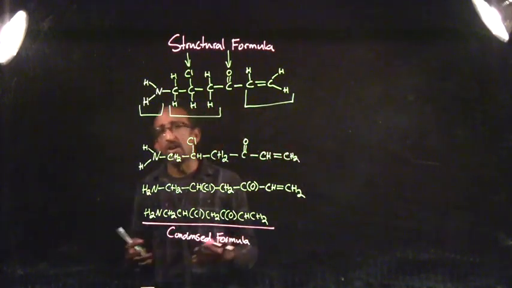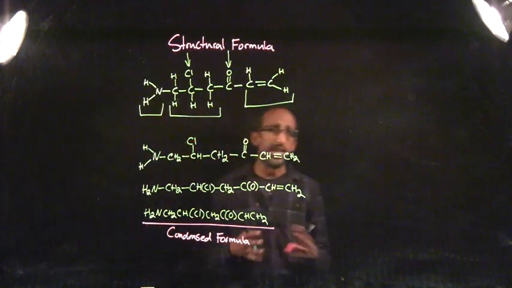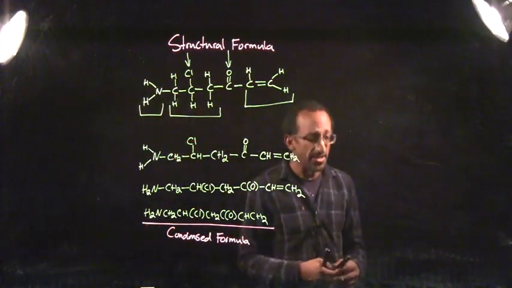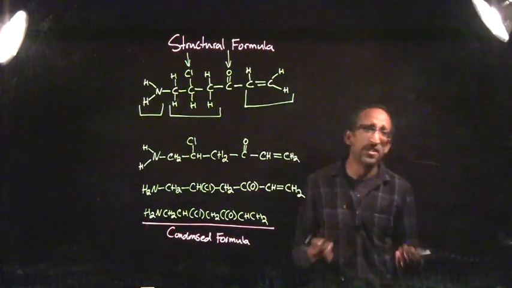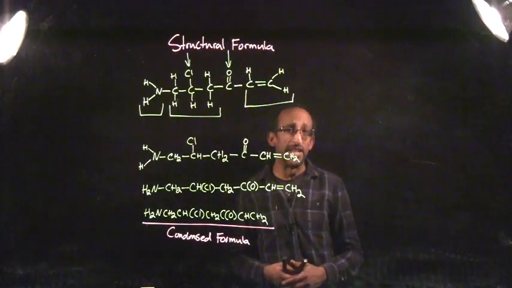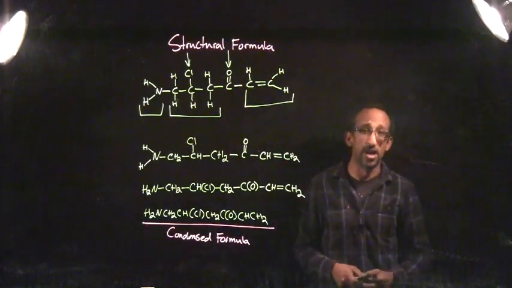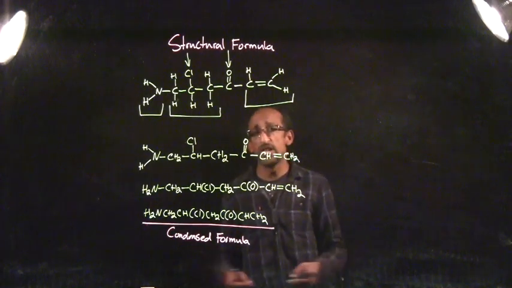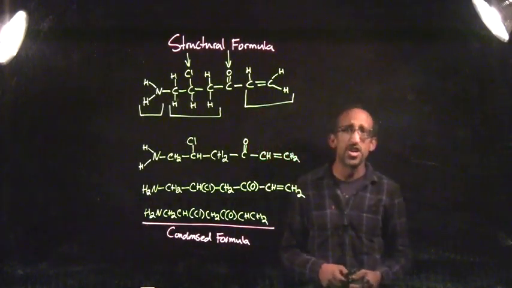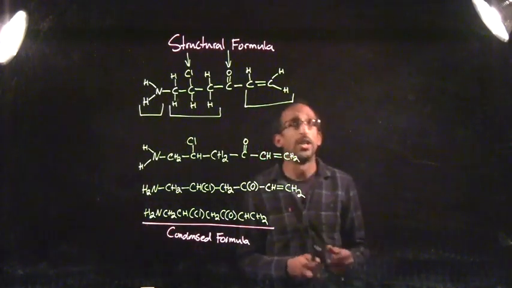Now, because carbon and hydrogen are such ubiquitous elements in the study of organic chemistry, we've developed an even simpler shorthand which eliminates the need for drawing carbons and hydrogens in the majority of our structures. This is known as a line structure or a line formula.